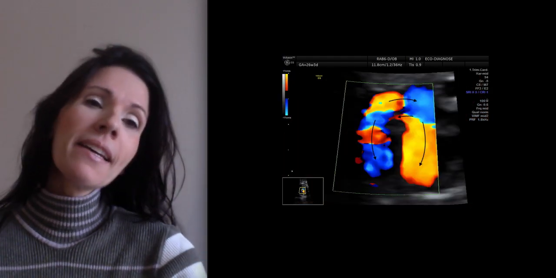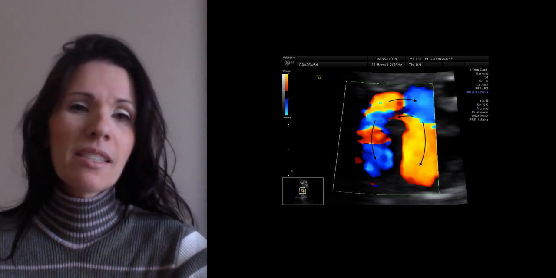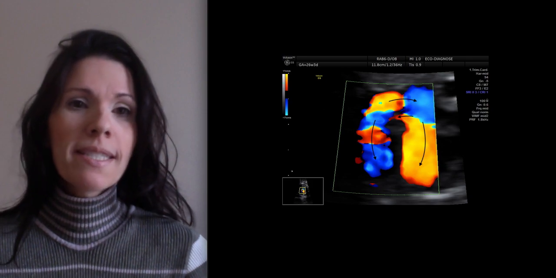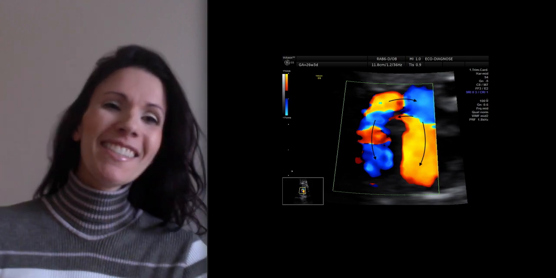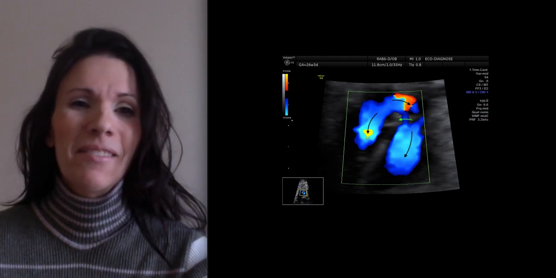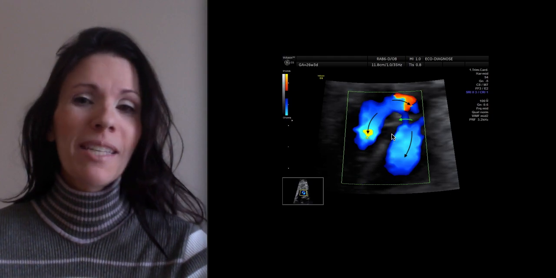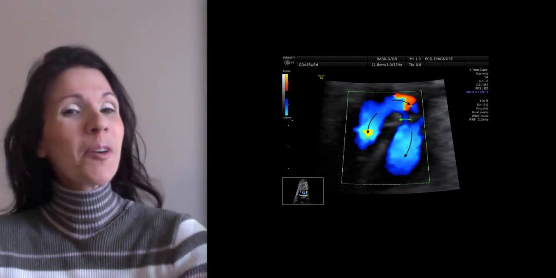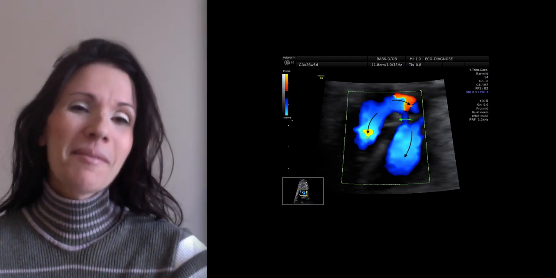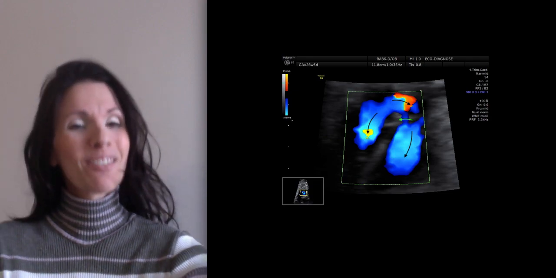And here again with color Doppler you can see the flow. The direction is very important to understand other pathologies. And here again, normal heart. Look at this dropout. It looks like a VSD, but it's not a VSD. This is a normal heart, and because of that, fetal cardiology is very, very tricky.